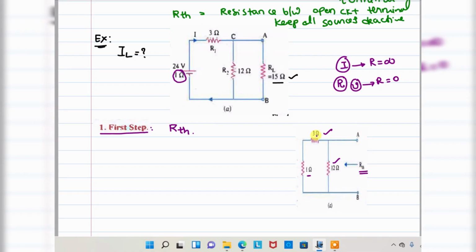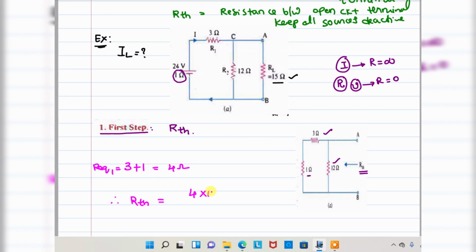So now 3 ohm plus 1 ohm are connected in series, right? That is equivalent to 4 ohms. Let me call that R equivalent 1. So finally RTH, Thevenin's resistance, is equal to 4 ohms parallel with 12.